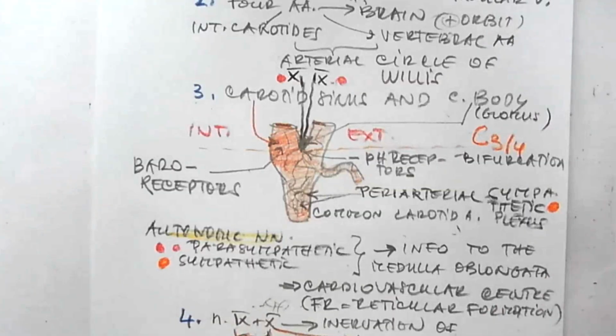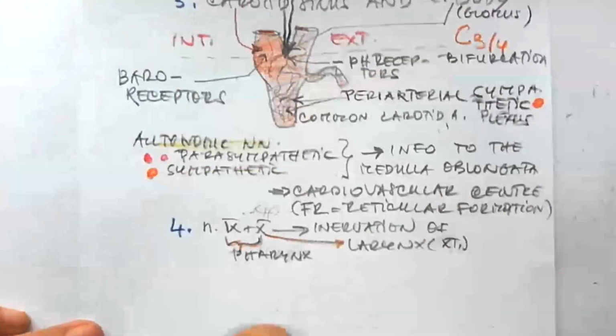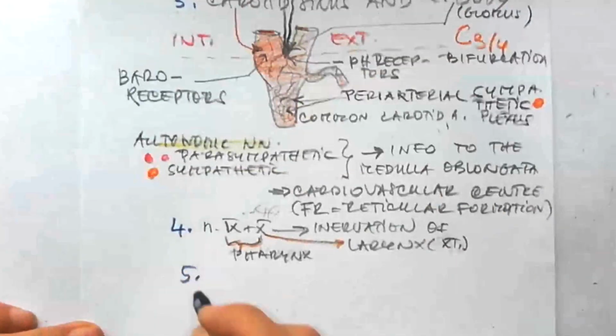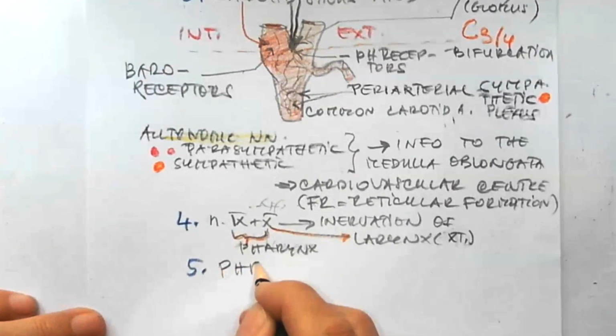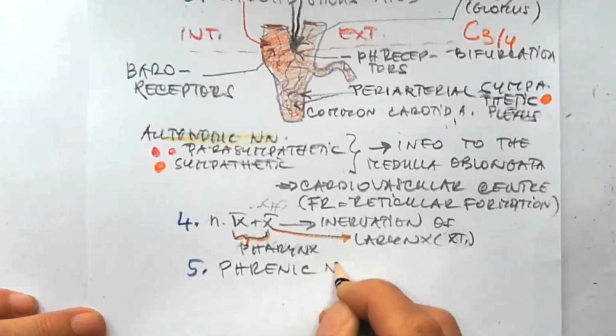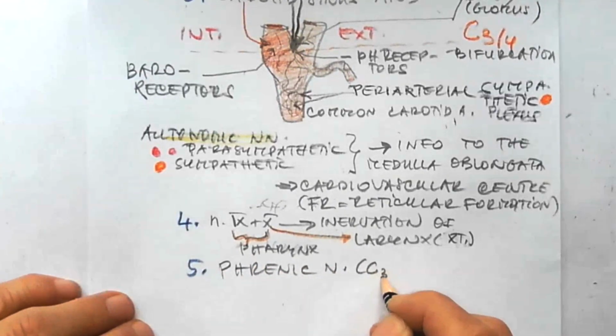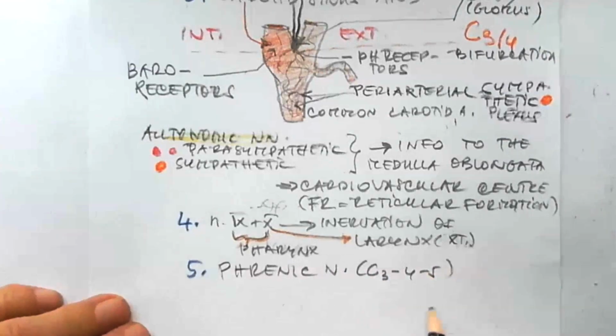No, this is quite clear. And the last structure passing through the neck, there are more definitely, but I'm just defining a few. There is the phrenic nerve. Everyone knows that phrenic nerve with segments C3, mainly 4 and 5.